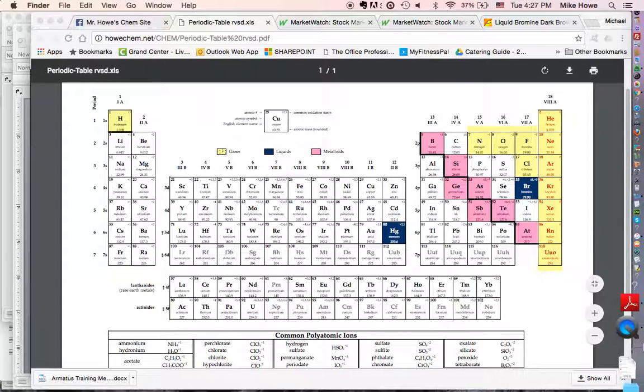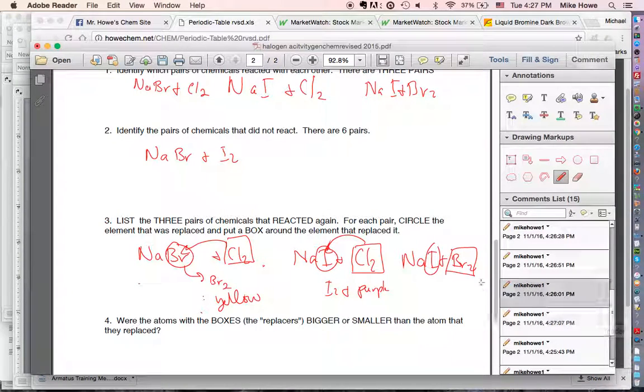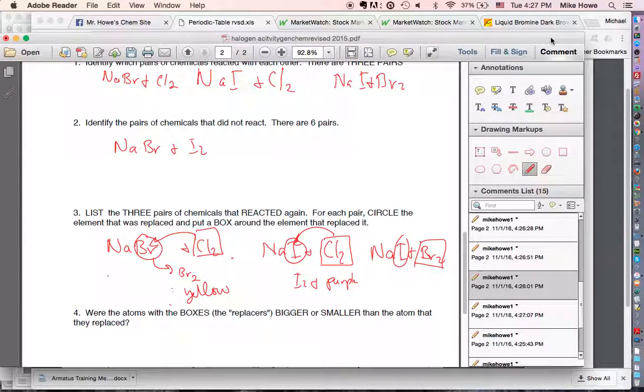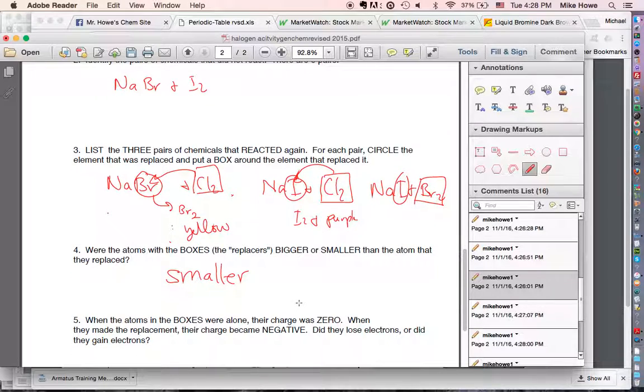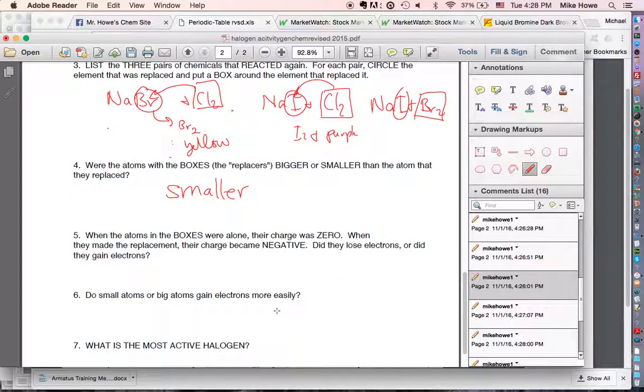Let me get back to my document here. Okay, so the atoms in the boxes, remember chlorine was higher on that table than bromine was, so chlorine is smaller. And when the atoms in the boxes were alone, meaning like Cl2 and so on, so let's take a look at chlorine.